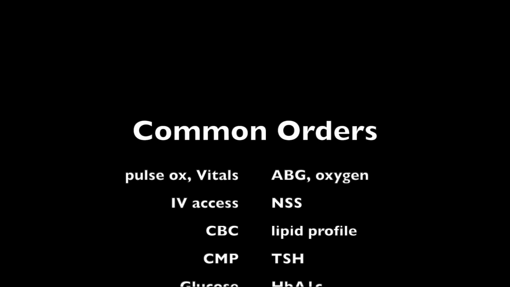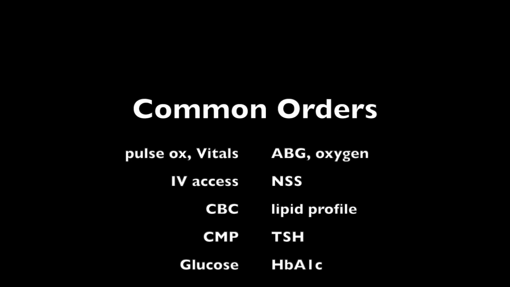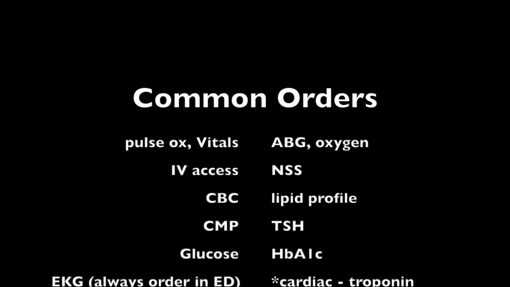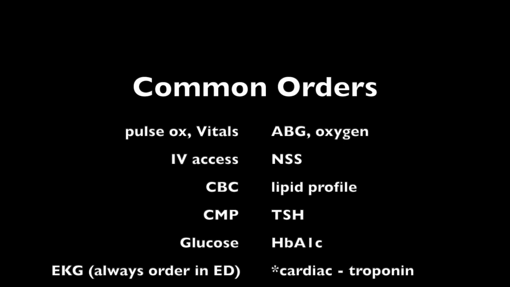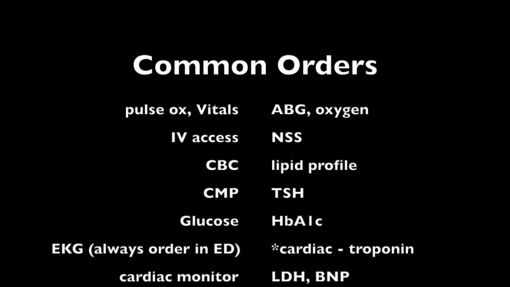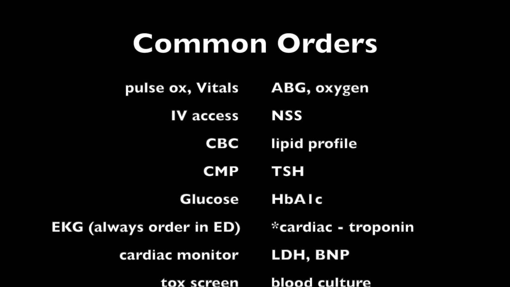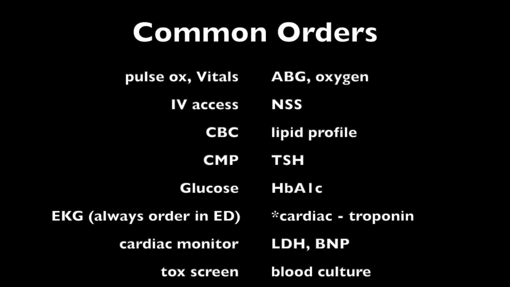CBC, CMP, lipid profile, TSH, all of that you can enter in short form as well. I like to order CMP instead of BMP because CMP also includes the LFTs, so you don't have to type that separately. If the patient is diabetic, for example, you can also order hemoglobin A1C.